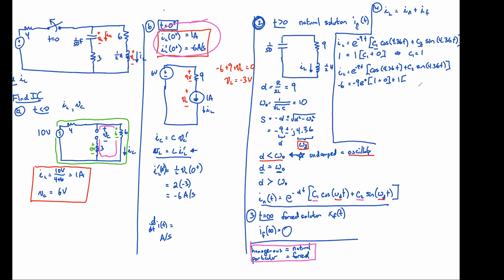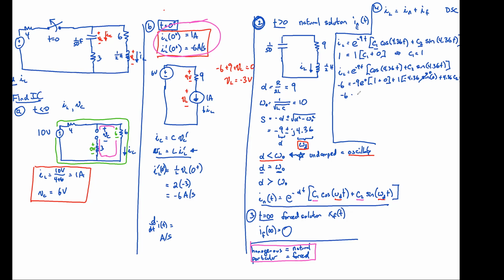Remember we said the derivative of sine is a positive cosine, so the derivative of this will be something minus. It'll be minus 4.36 times our sine of 0, but that is going to be 0, so we don't really need to worry about it. Plus 4.36 C2 cosine of 0, which is 1.